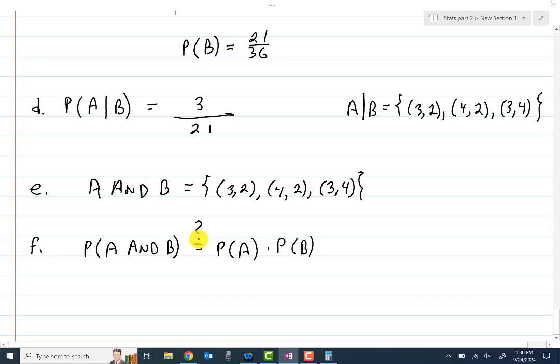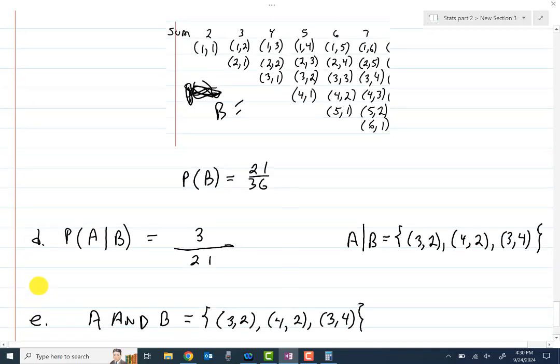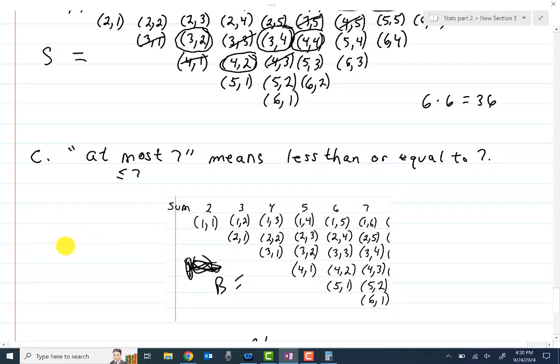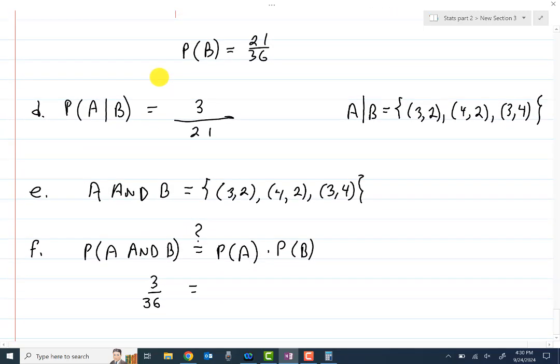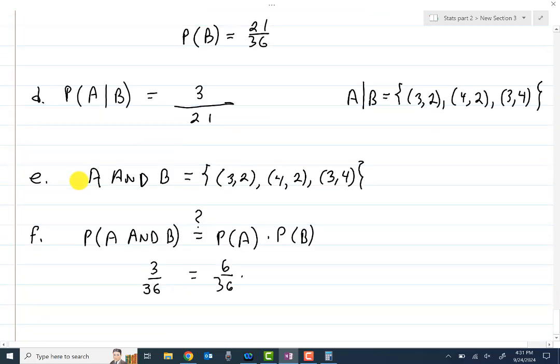We did A and B. So the probability of A and B is 3 here out of 36. Now the probability of A, let me come back, where was that thing at? Was 6 out of 36. And the probability of B was 21 out of 36.